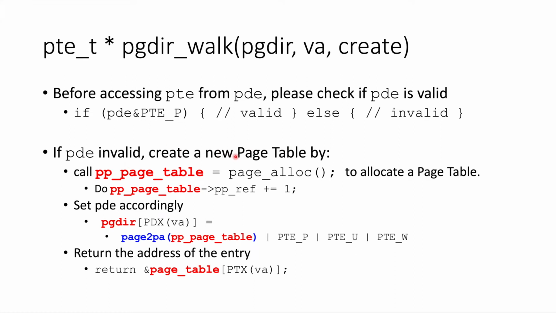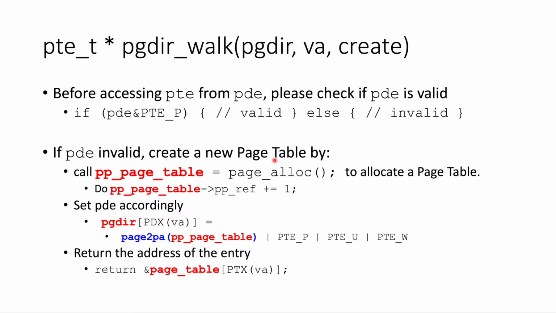To do that, we first need to check this create flag. If that is 0, then we just return null, because the create flag means don't create any new page table. But if the create flag is 1, then we need to create a new page table and return that.